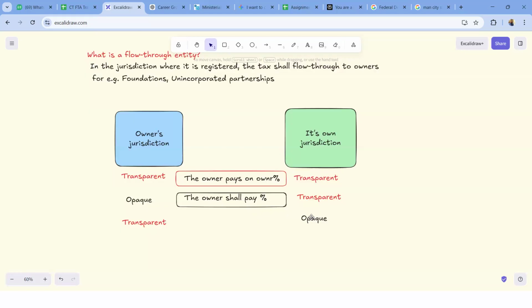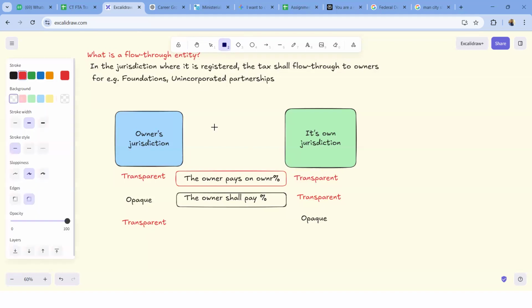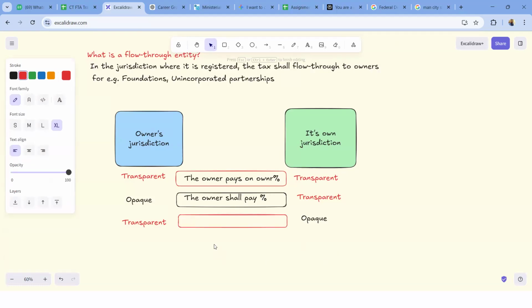In UAE, this partnership is an unincorporated partnership and hence a flow-through entity. But in India, partnerships are a separate legal entity. So in that case, who will pay the local corporate tax? It would be paid by this entity itself in India, right? Because while filing its tax return, the entity will pay.